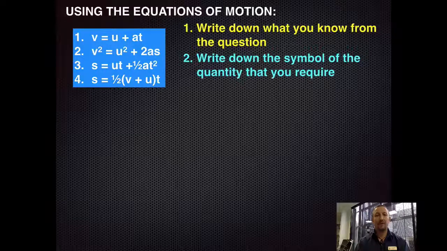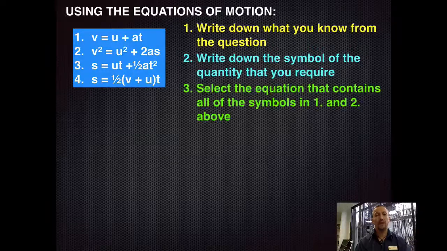So you'll have 3 knowns and 1 unknown. From that, you then select one of the equations from the equations in the blue box. Remember that you're going to have 3 knowns, 1 unknown, and you choose the best equation which will best suit your problem. So let's look at an example and see how we can put this together.